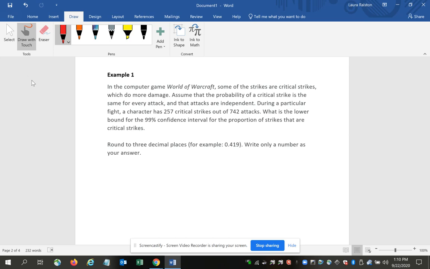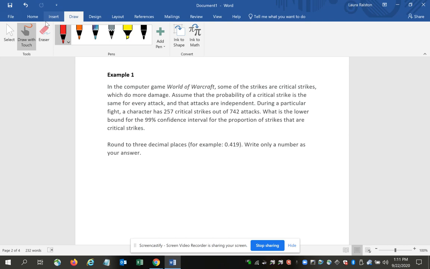During a particular fight, a character has 257 critical strikes out of 742 attacks. What is the lower bound for the 99% confidence interval for the proportion of strikes that are critical? Round to 3 decimal places.